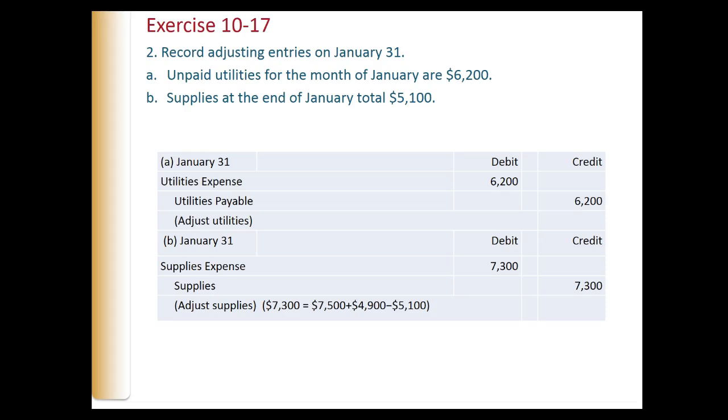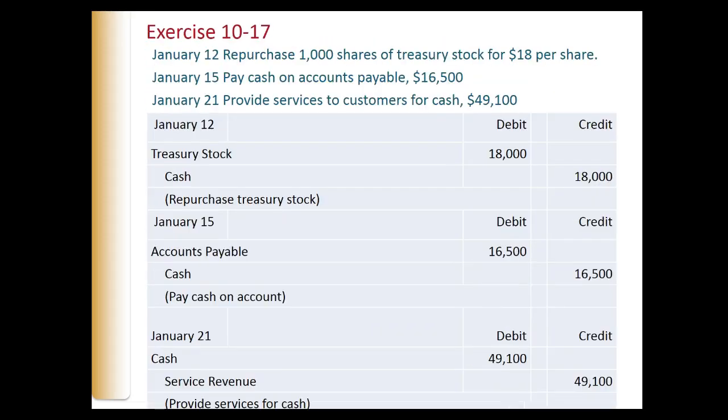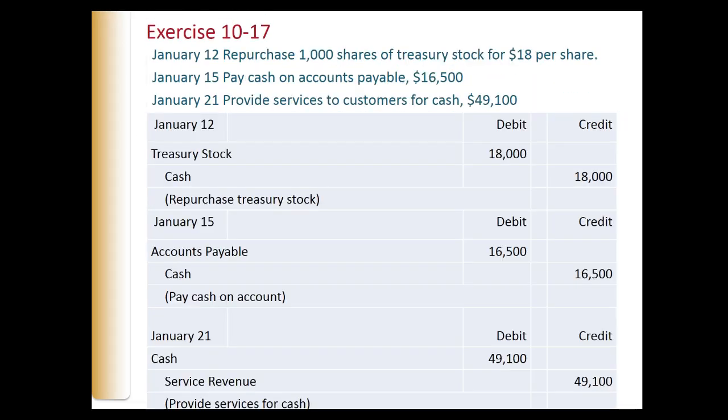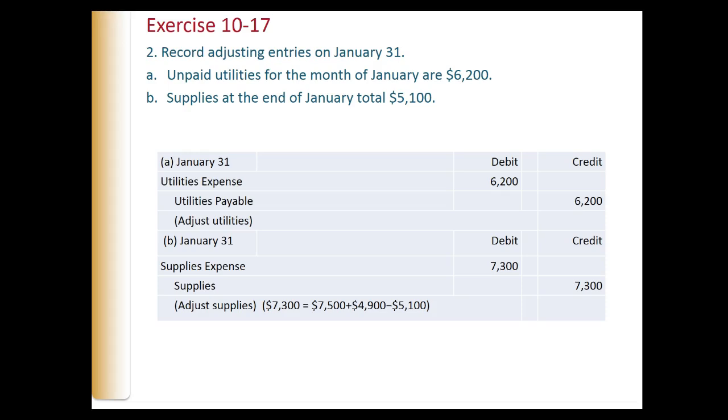B, supplies at the end of January total $5,100. Well, we had supplies initially of $7,500 here, you can see. So what we will do in our adjustment is the $7,500 plus the supplies we purchased on account of $4,900 on January 10th, we add to it, minus the $5,100 that are available, which means we've utilized $7,300.